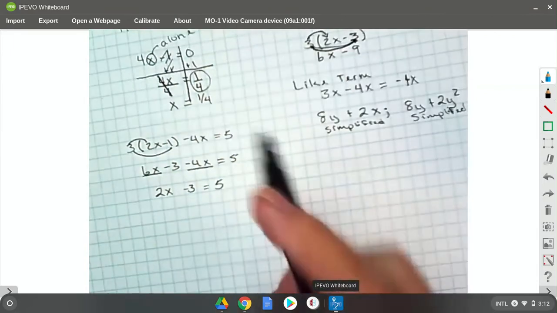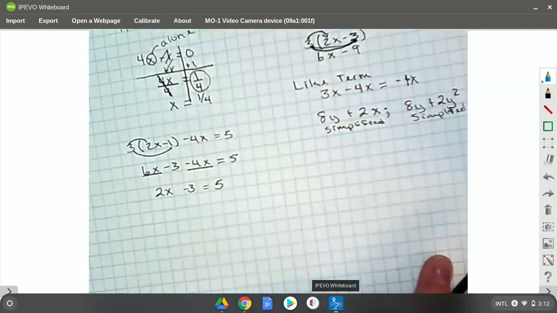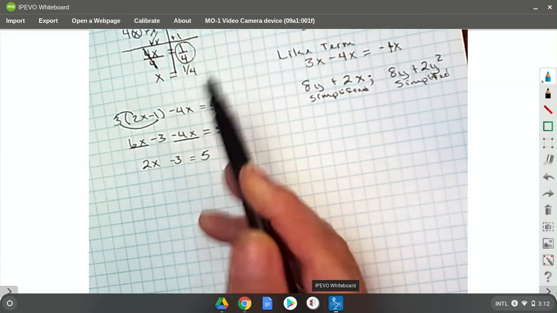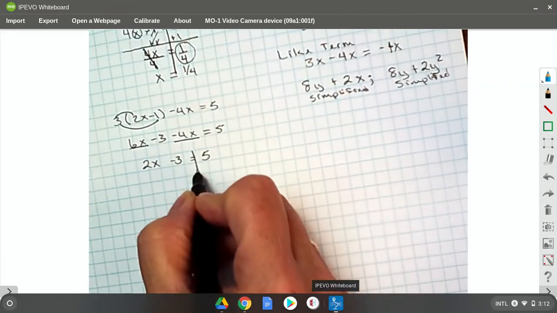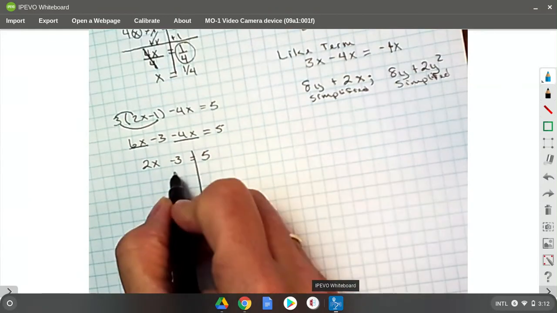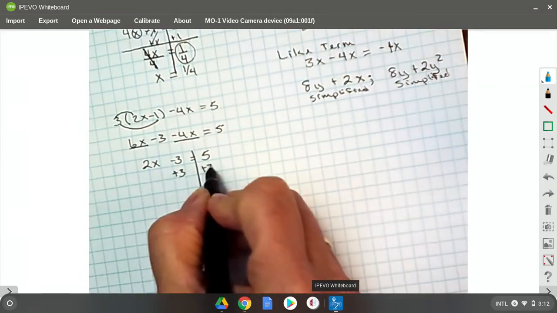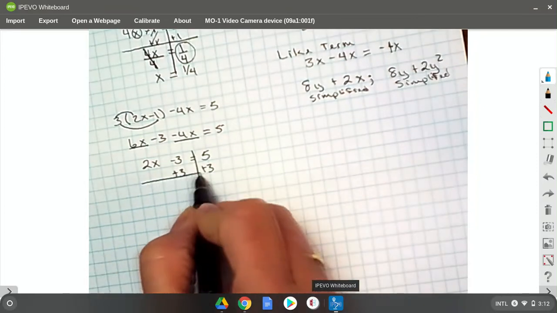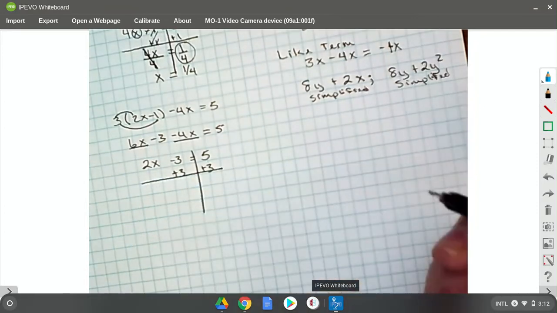All right, now I'm right back up to that very basic step. Constant, then coefficient. So canceling out a negative 3 with a positive 3. Now I'm in solving mode. Now I've got to work both sides of that equal sign.